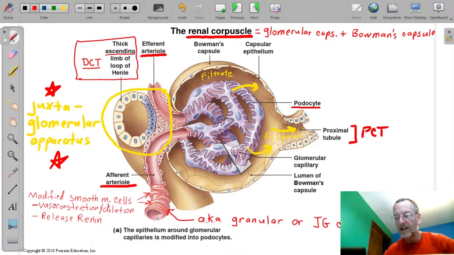And I like JG cells because it's easy to write. It's quick. But the JG stands for juxtaglomerular.